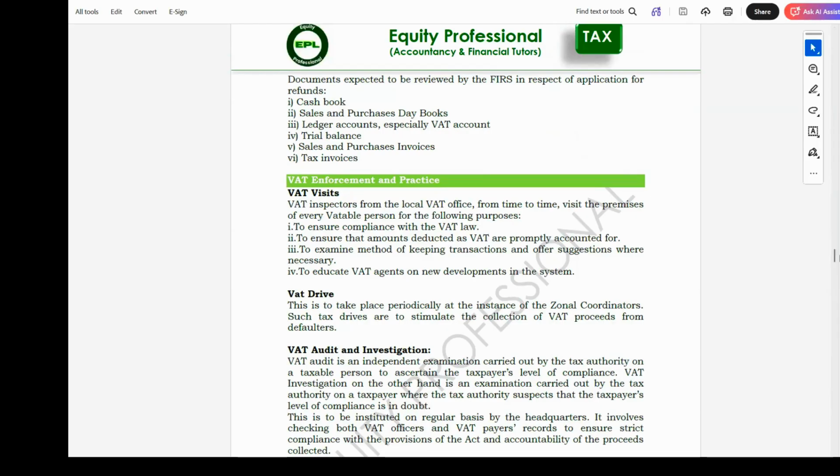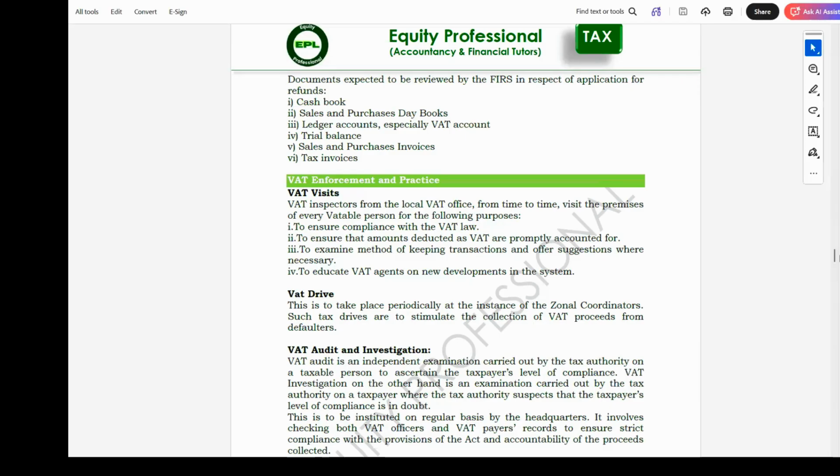One of the powers given to them is to carry out what is called a VAT visit. The tax authority has a right to visit your premises without notifying you, to check your level of compliance, to ensure that you are complying with the VAT law, and that the amount you are deducting is what you are supposed to deduct.